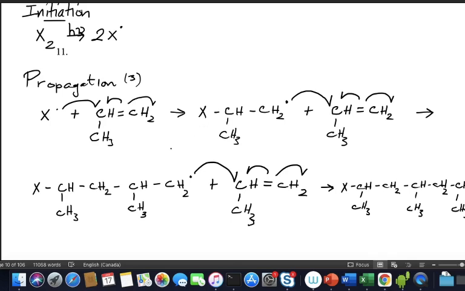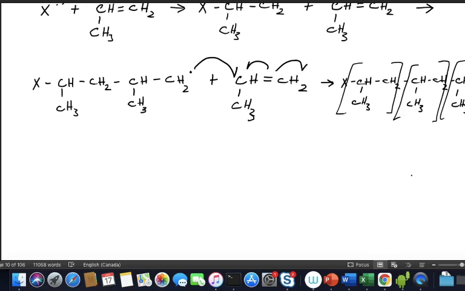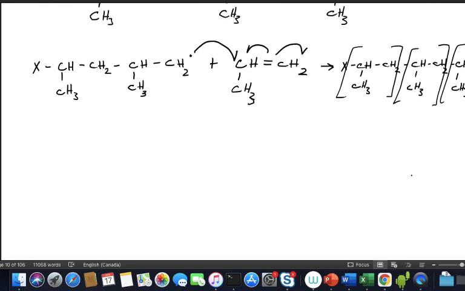Just in case anybody can't see, I'll show you where they are. There's 1, there's 2, and there's the third. That's usually what we ask for when we ask for this type of question, to show 3 repeating units. So after you have your 3 units, we'll say our propagation phase is finished.